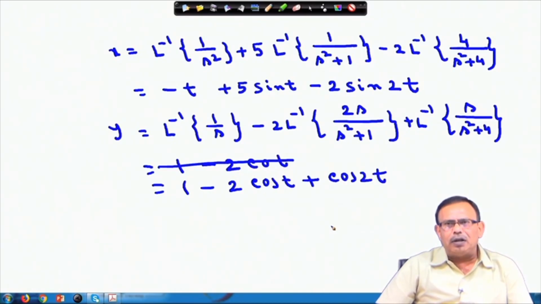In the next class, we will see the next part, that is, solution of integral equations using Laplace transform.